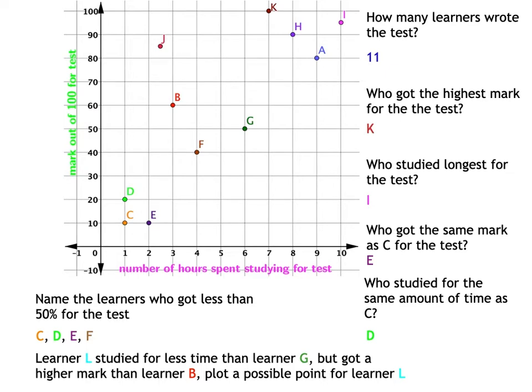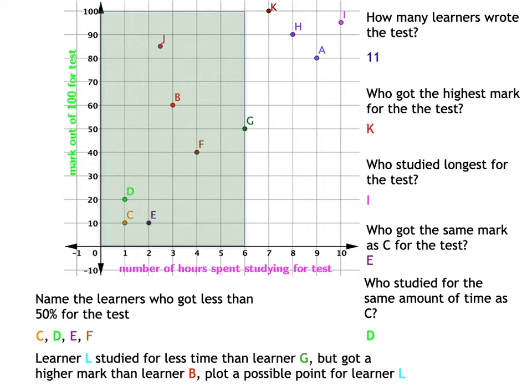And then finally, if there's another learner, L, who studied for less time than learner G but got a higher mark than learner B, where might you be able to put learner L on this? Where could learner L be? Well, let's have a look. Where's all the bits where you have somebody who's studying less time than learner G? Well, if you're studying less time than learner G, you have to be to the left of learner G. So in that green area.